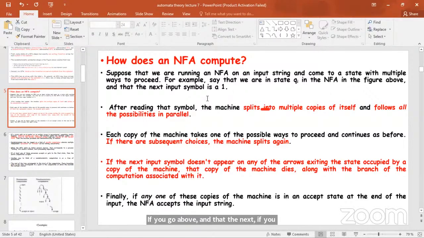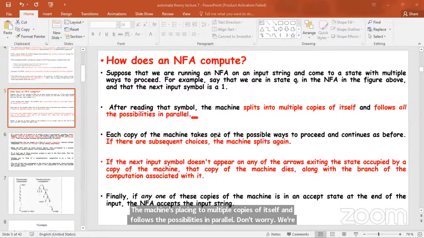How does it work? After reading that symbol, the machine splits. The machine splits into multiple copies of itself and follows the possibilities in parallel. Don't worry, we're going to look at an example to illustrate that.